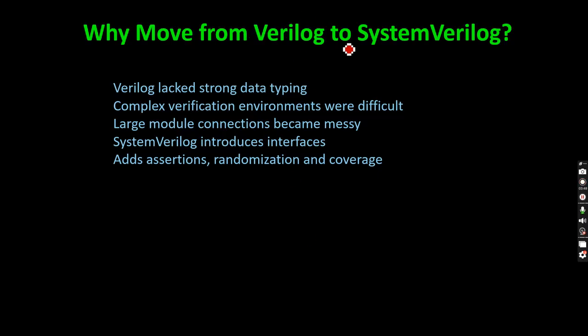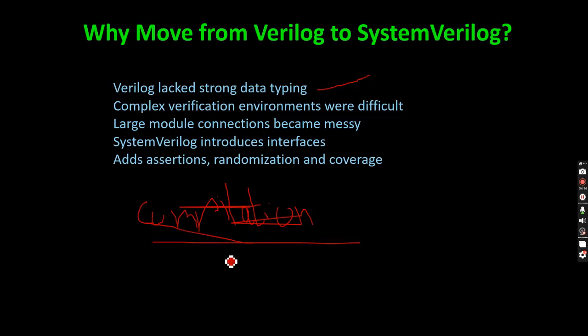Why move from Verilog to SystemVerilog? As I said before, Verilog lacks strong data typing. Whatever data types you declare in Verilog, the memory is allocated at compilation time itself. There are two phases: compilation time and simulation time. Almost every construct in Verilog allocates memory at compilation time.